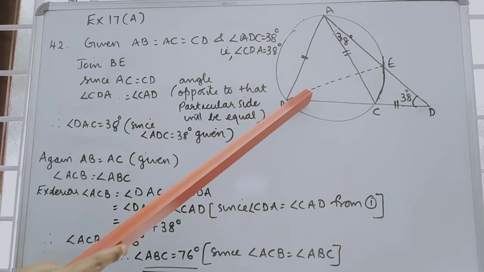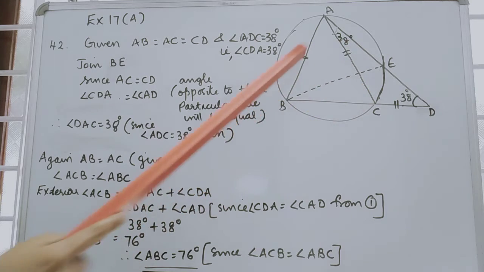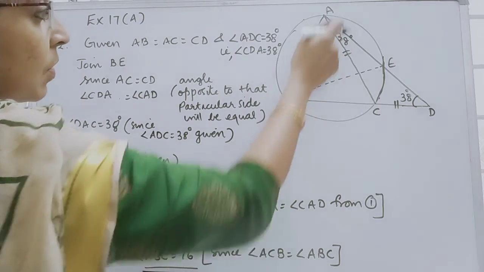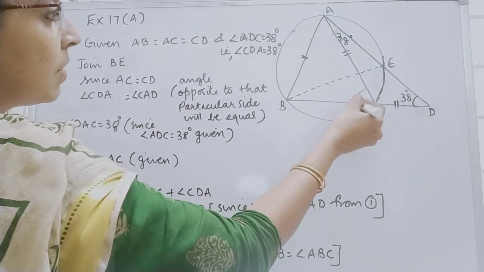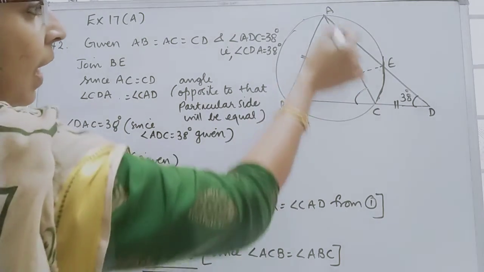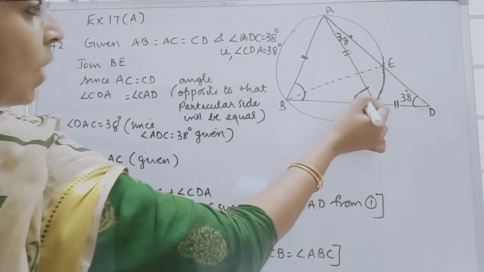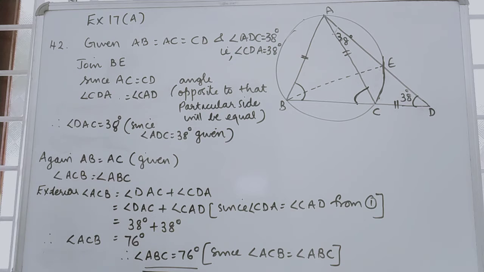These two angles will be equal since these two sides are equal. Angle opposite to AB is this angle C and angle opposite to AC is this angle B.